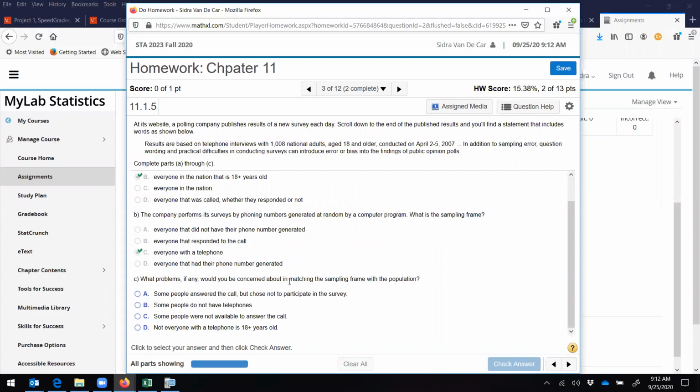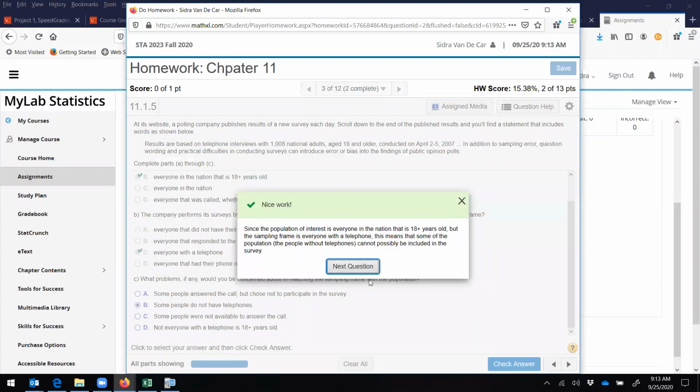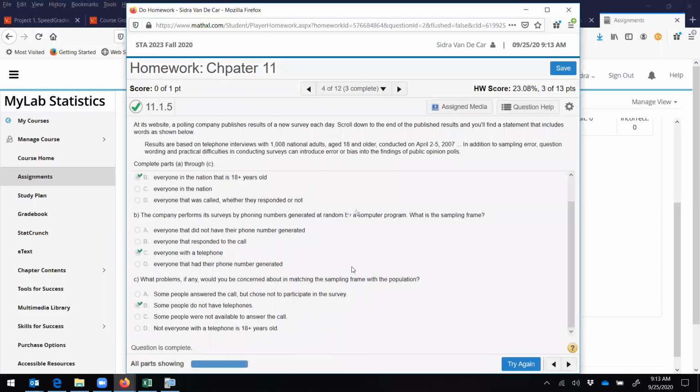What problems, if any, would you be concerned about in matching the sample with the population? Some people do not have telephones, because not everybody over 18 has a telephone that can be generated through random sampling, right?